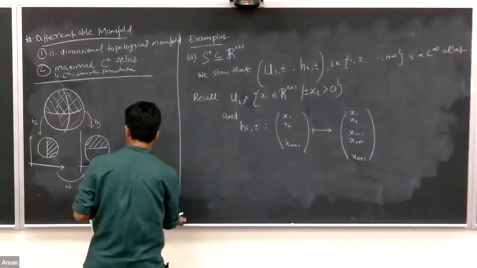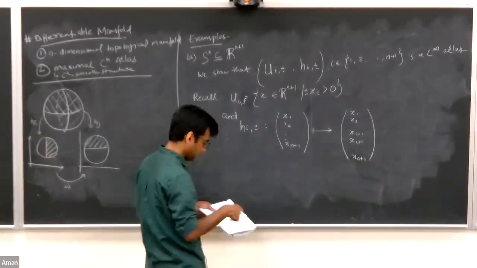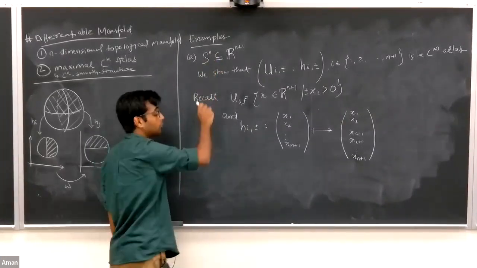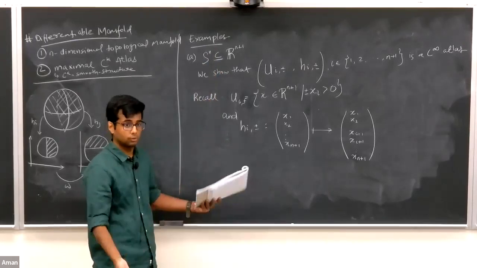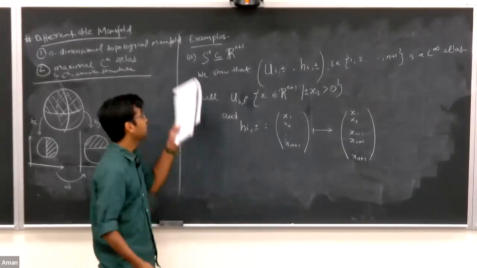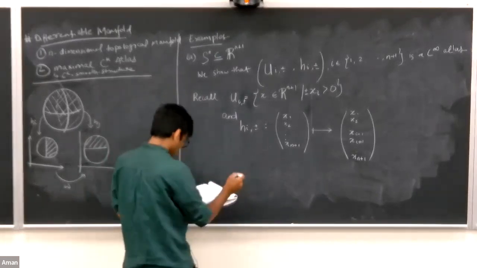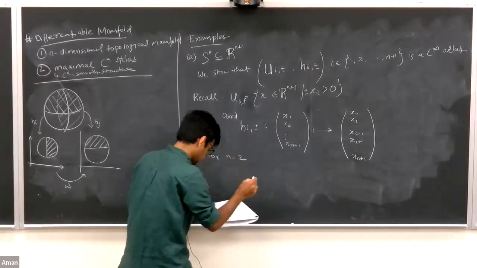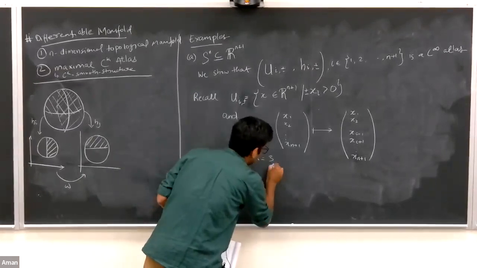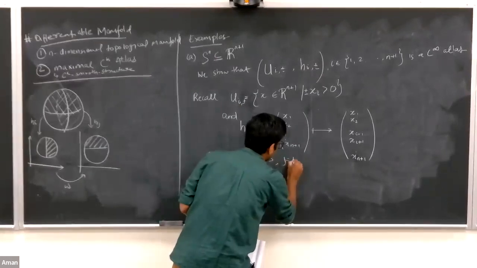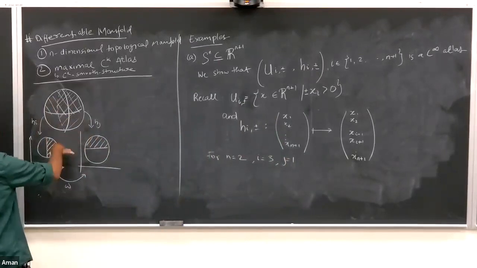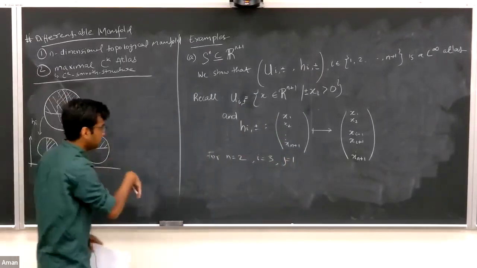Okay, so let's look at a specific case of this and define the transition map for that. Once we define the transition map for S^n, you'll see that it's differentiable, and that shows that S^n is an example of a differentiable manifold. So very quickly, let's say n equal to 2, i equal to 3, and j equal to 1. i and j are just indexing which part we are looking at.